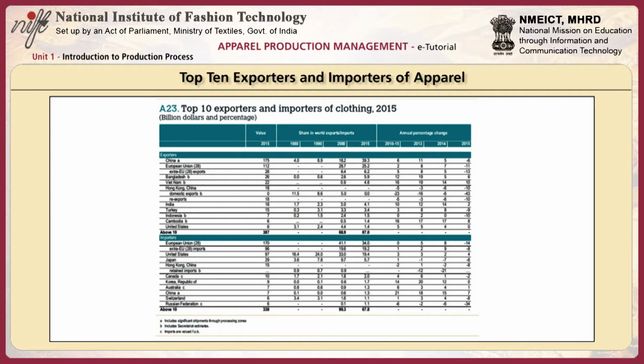European Union has imported $170 billion plus another $96. United States has imported $97 worth. Japan at $29. Hong Kong has imported $15 billion.